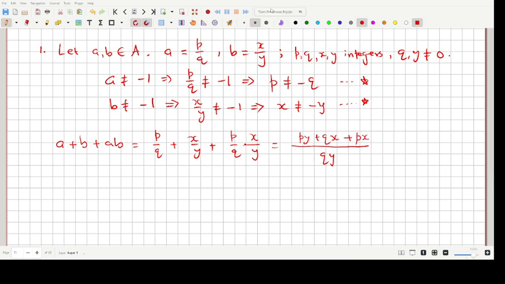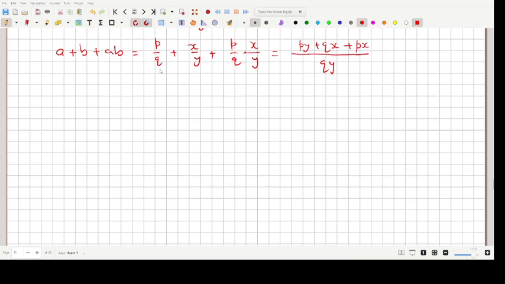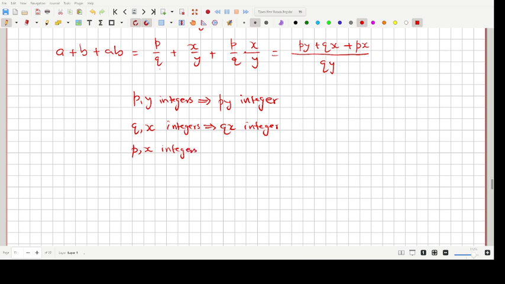Okay, now since p and y are integers, this implies that py is an integer. And why are we doing this? Because we want to show that the numerator is an integer. So q and x are integers. It shows that qx is an integer, right? There is another term in the numerator, that is px, right? So p and x both are integers, and this shows that px is an integer.